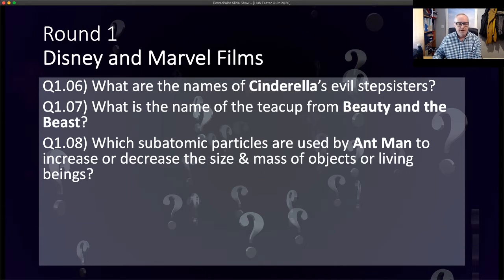Question number 8, which subatomic particles are used by Ant-Man to increase or decrease the size and mass of objects or living beings?